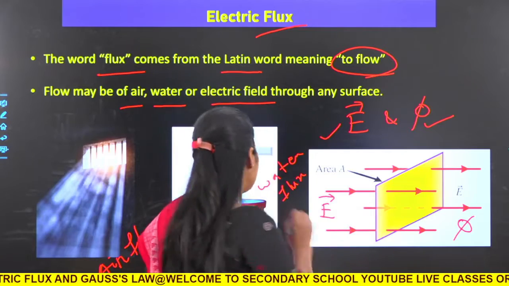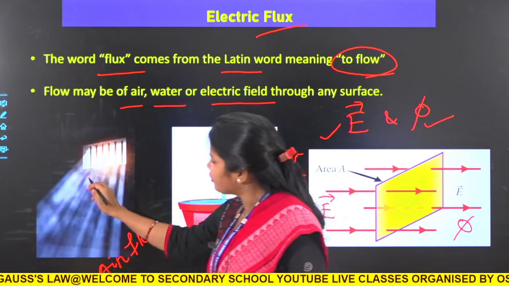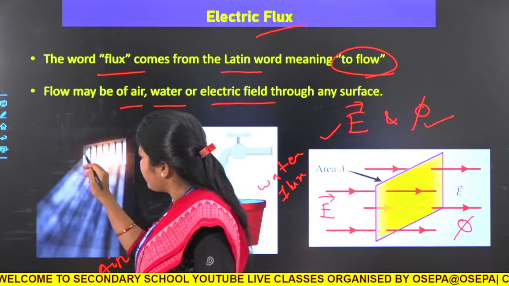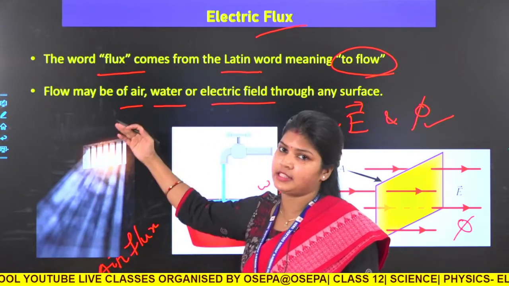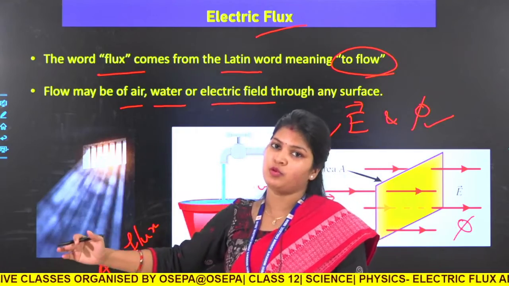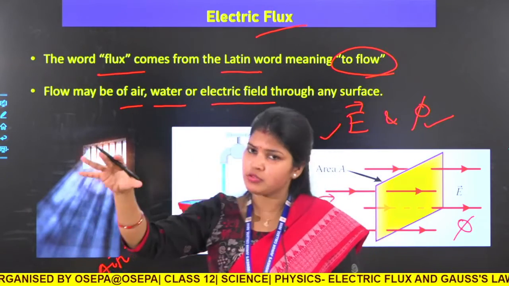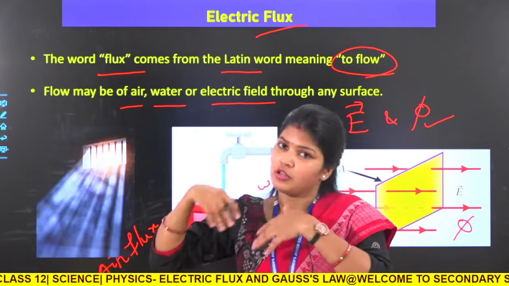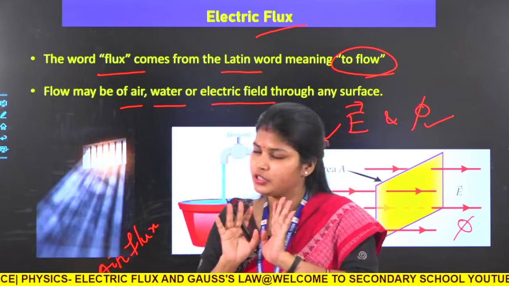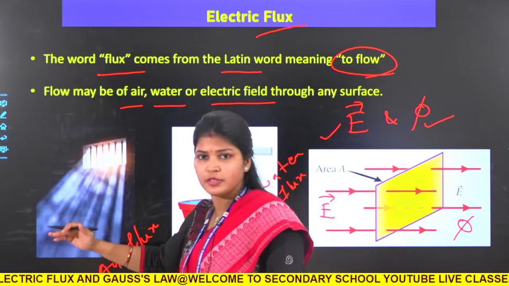Okay, see this, suppose the window size is small and the intensity of air is large, that means the velocity of air is more. Then what will be the air flux? More will be the air flux, because the intensity of air is more.